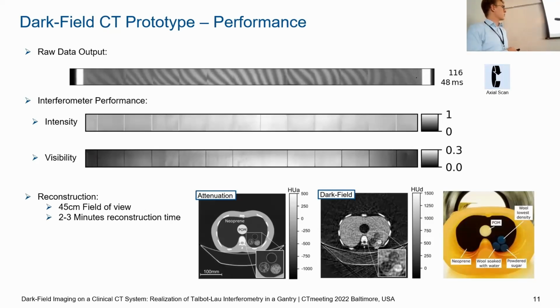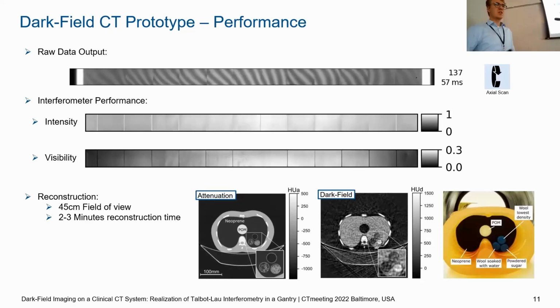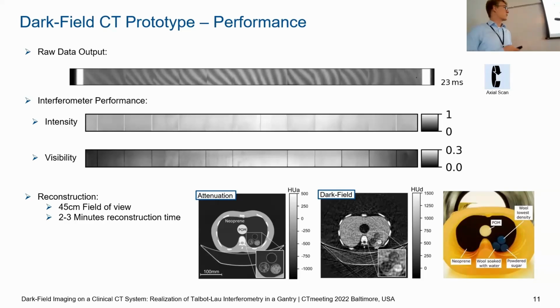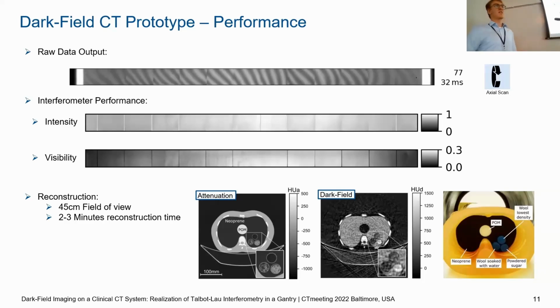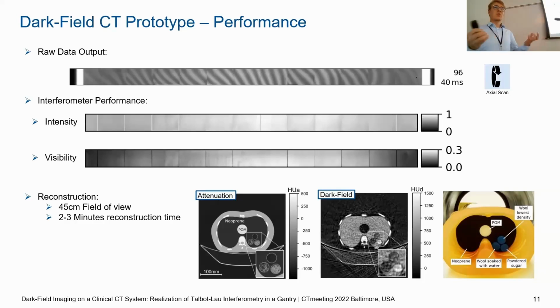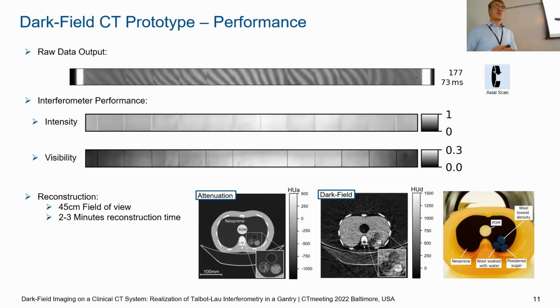And there we see that with a 45 centimeter field of view, we now can reconstruct a really large area in both these imaging channels, the attenuation channel, basically as at a normal standard CT, and now also in this dark field channel, where we now resolve scattering properties inside the sample, which are well below the resolution limit of the CT.